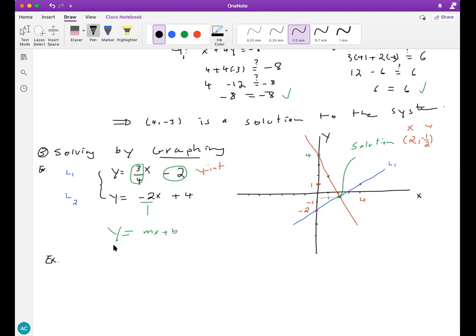But the equation can also be in this form, sometimes it's ax + by = c. This is slope-intercept, and this is the standard form.